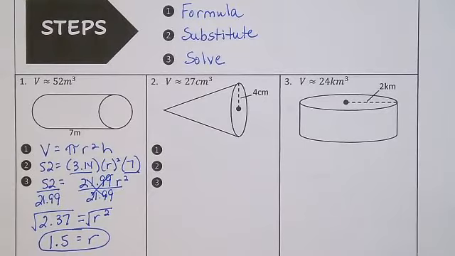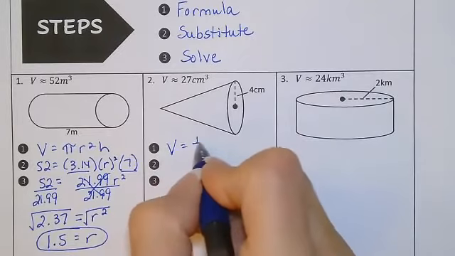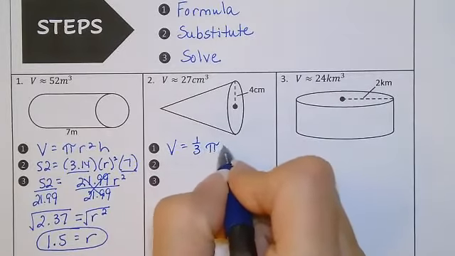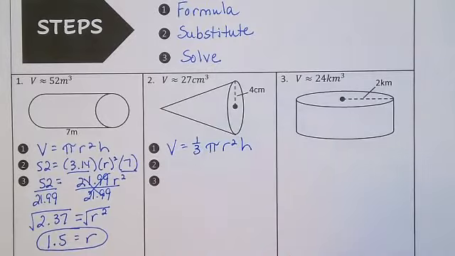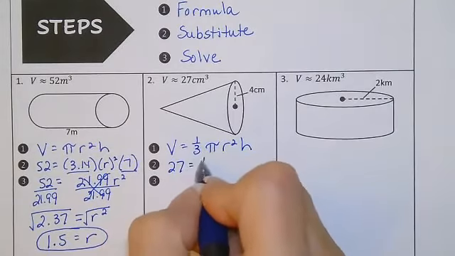All right, next we have a cone. So I'm going to start with formula. 1/3 pi r squared h. And substitute. So my volume is 27.